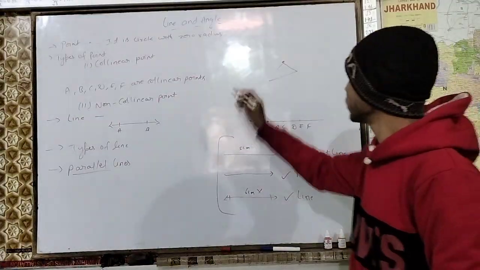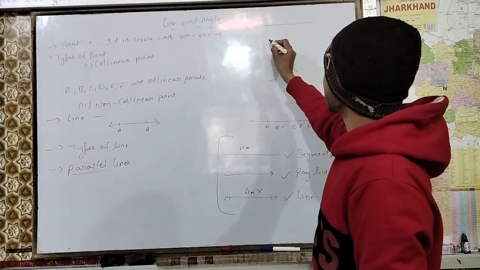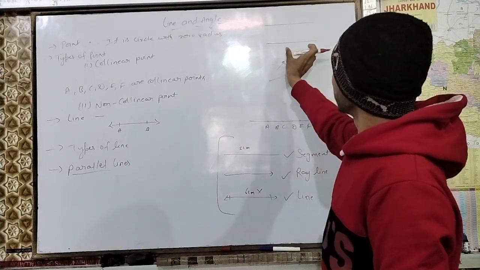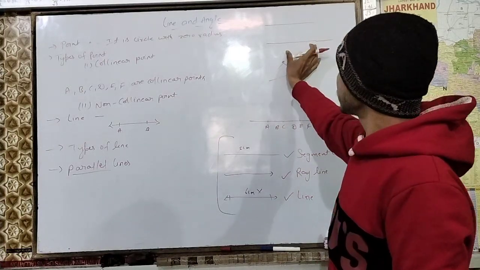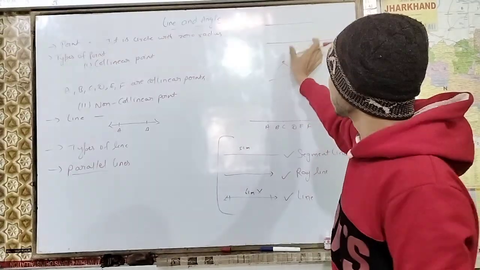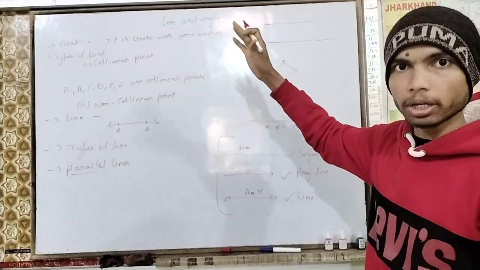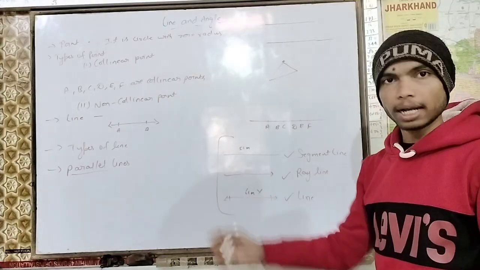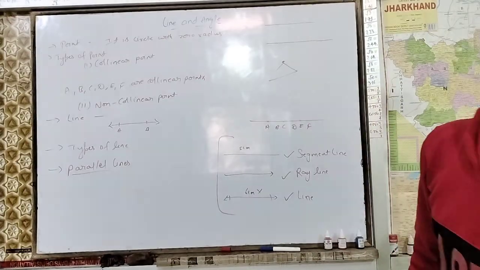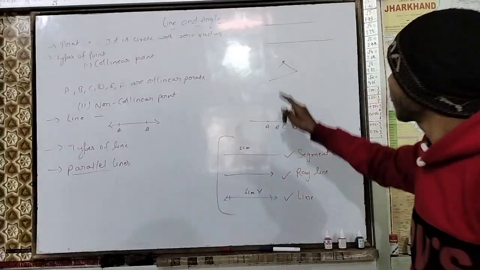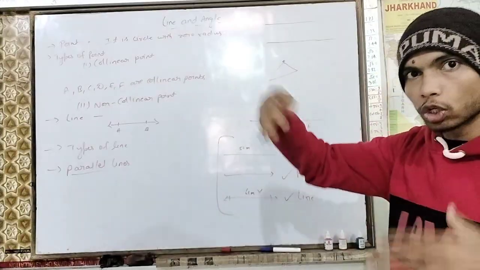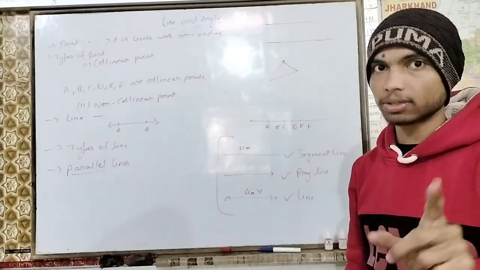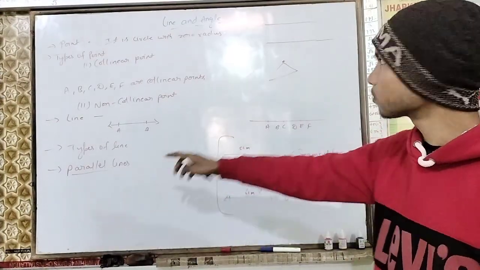For example, if this is a line, the second will be like this. The length of the line can be more or less. It doesn't matter. We don't care about the length of lines for parallel lines. The main thing is they should not cut each other. This is the main point for parallel lines.